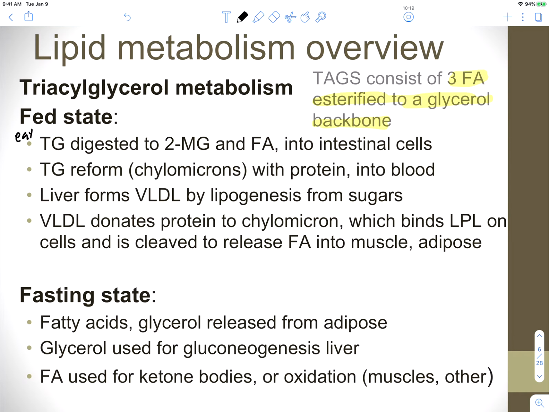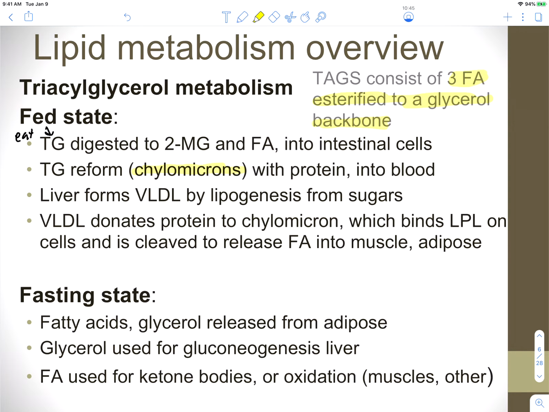So you eat, and then your TAGs are going to be digested to 2 monoacylglycerols and free fatty acids, and these will be absorbed into your intestinal cells. Your intestinal cells will generate new triacylglycerols, package them into your chylomicrons, and this will be associated with different proteins, your ApoB proteins, and that will be released into the blood.